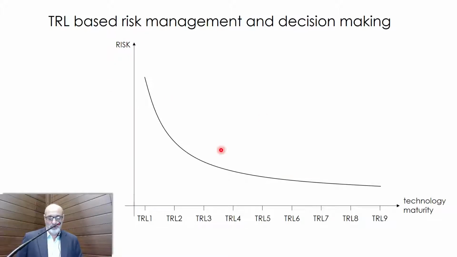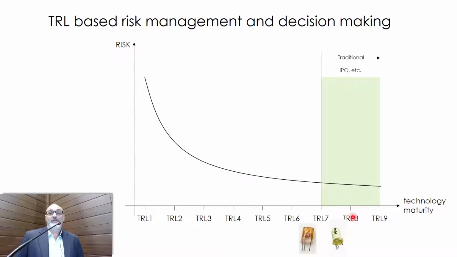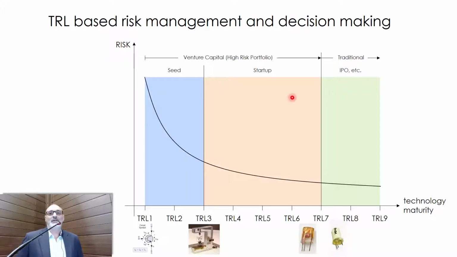Okay, so that's a, well, empirical observation. If you have more mature technologies, TRL 7, 8, or 9, if you want to invest, you don't need to struggle a lot. Traditional investments like an IPO, it's okay. The interesting part is here. Below TRL 7, you need venture capital.